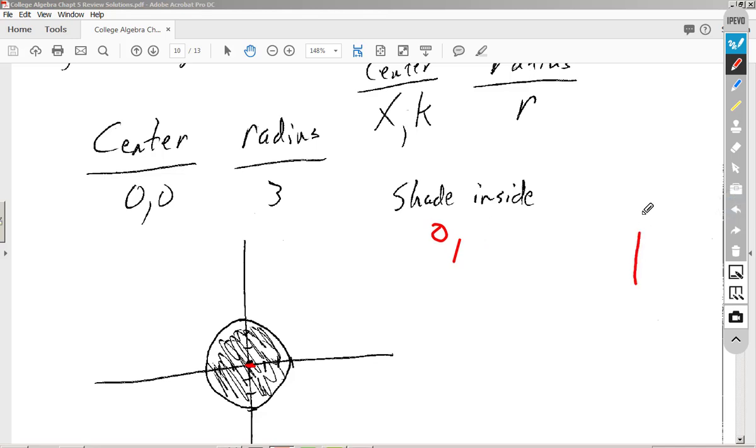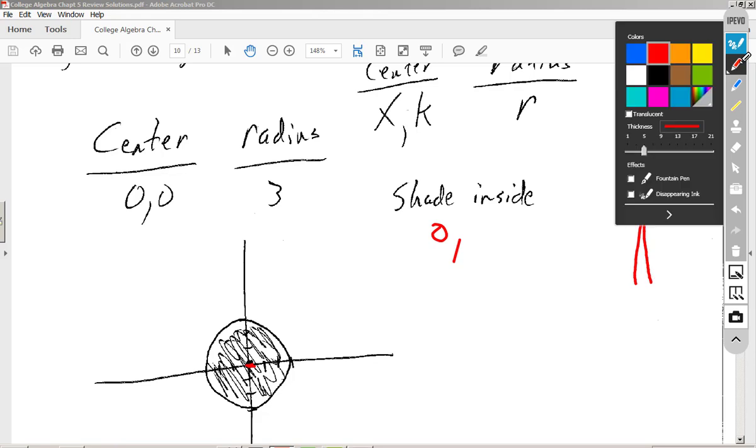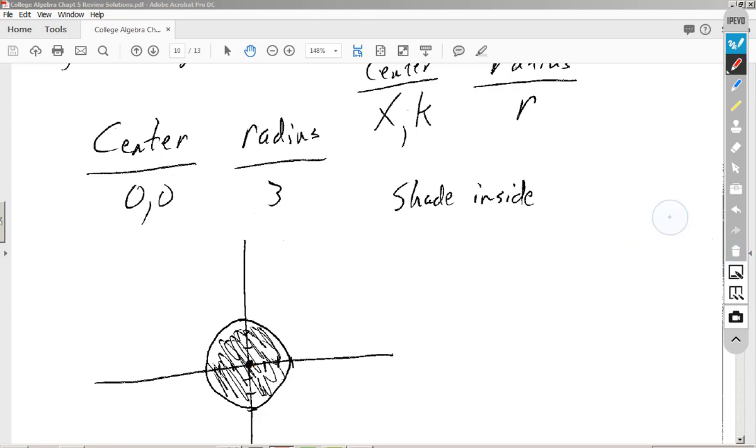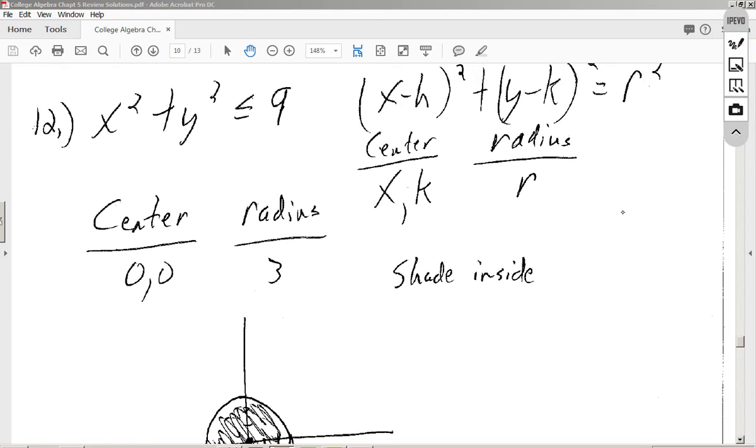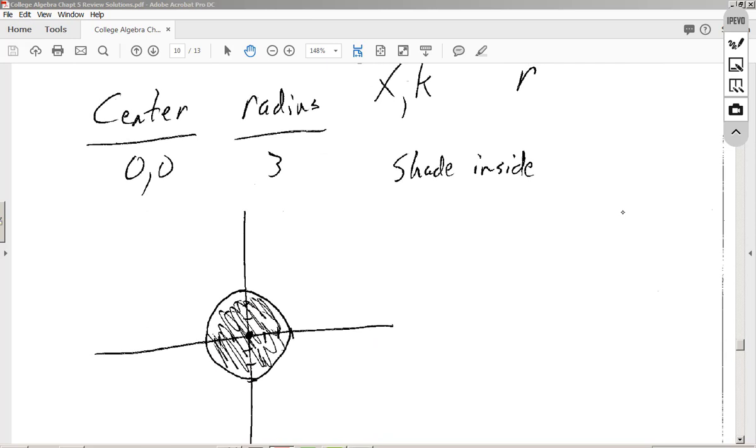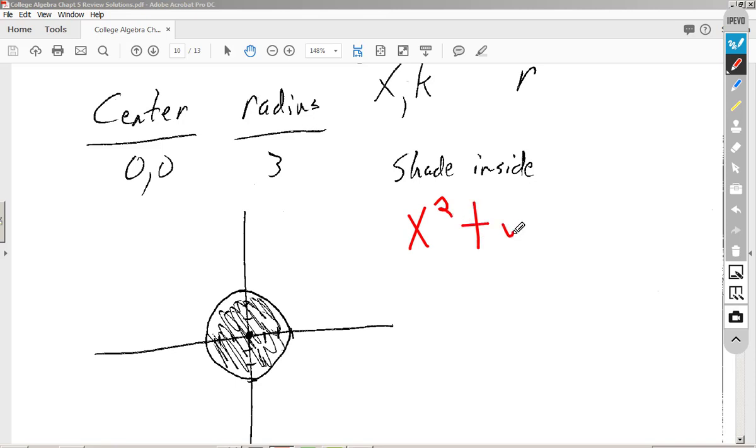So let me go ahead and rewrite this real quick. I'm going to scroll down here. There's my equation, x squared plus y squared is less than or equal to 9.